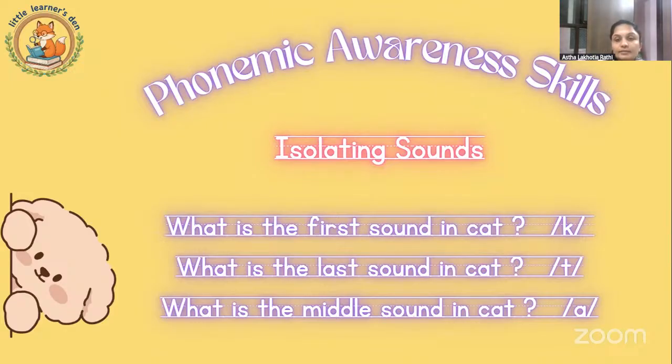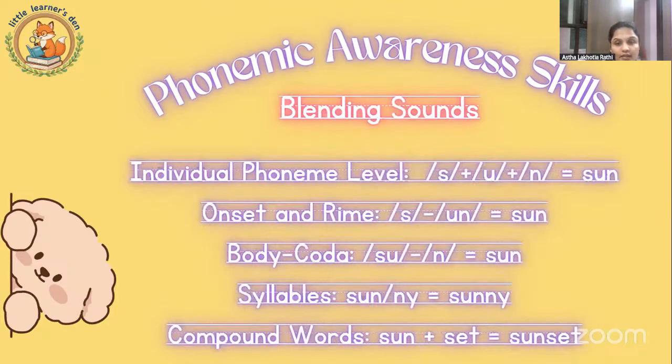Now phoneme blending. Here, individual phoneme level, individual sound level blending: s-u-n, sun. Then onset and rhyme. Here, s is the onset sound before the vowel sound, and un is the vowel sound and the sound after that. So sun.